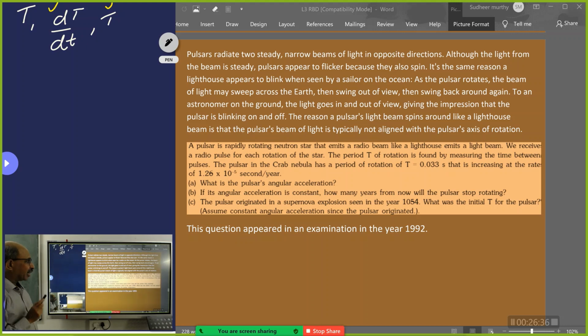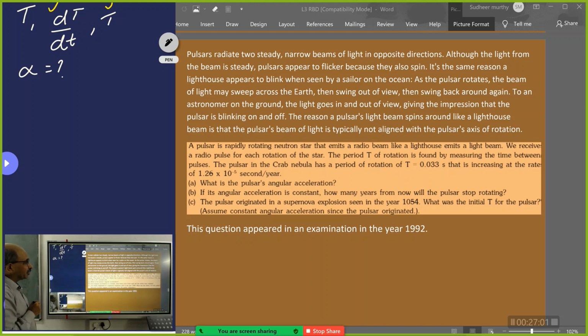These two values they have given. It is increasing at this rate. What is the pulsar's angular acceleration? Having given these two values, they are asking for this value. The second and other questions we will look at later, because we need to solve the first one. The B part and C part you can solve yourself.